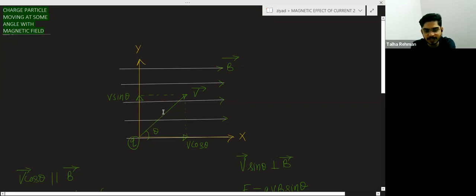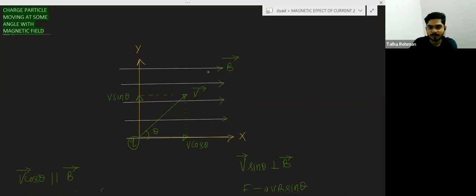The velocity of the charged particle is in this direction, and this velocity is making an angle theta with the magnetic field. In the x direction there is a magnetic field, and this magnetic field is uniform. We want to analyze the motion of the charged particle.